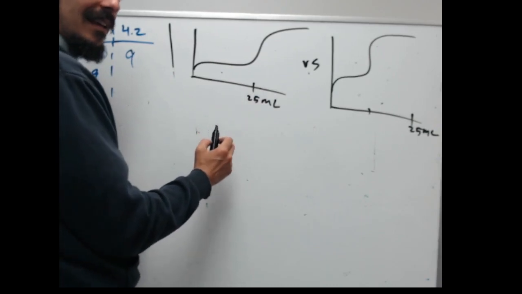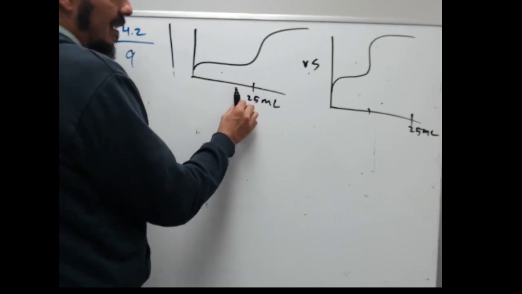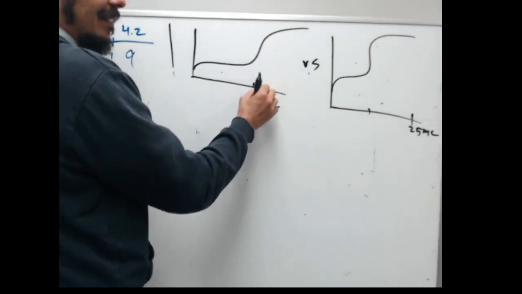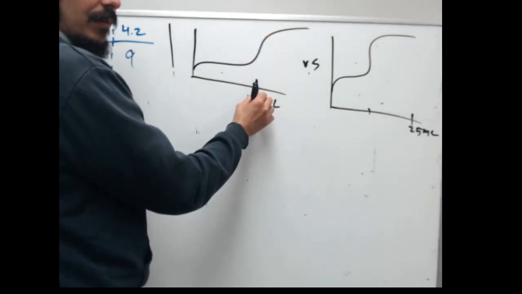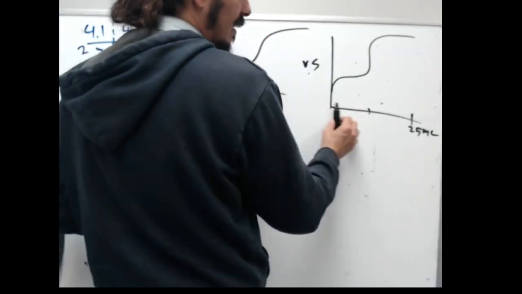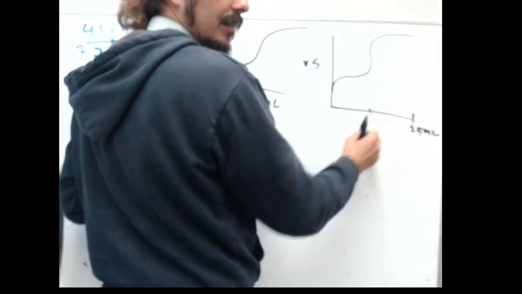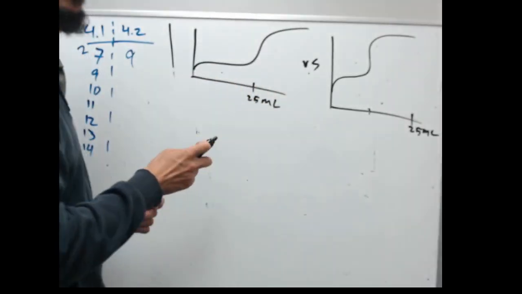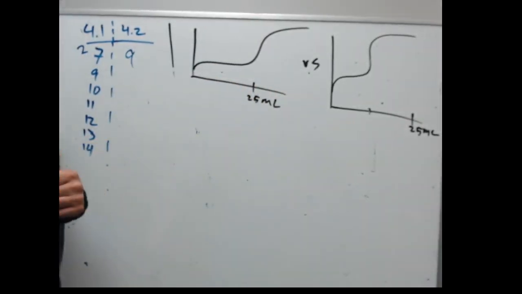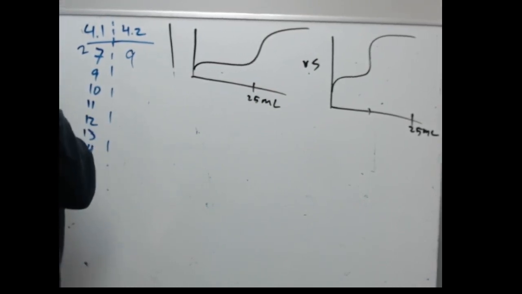We learned that today. So this one takes more moles to get to the equivalence point, and this one takes fewer moles to get to the equivalence point. So this one would have more moles of analyte present. That's how we think about part A. Part B asks, which curve corresponds to the highest concentration of analyte?